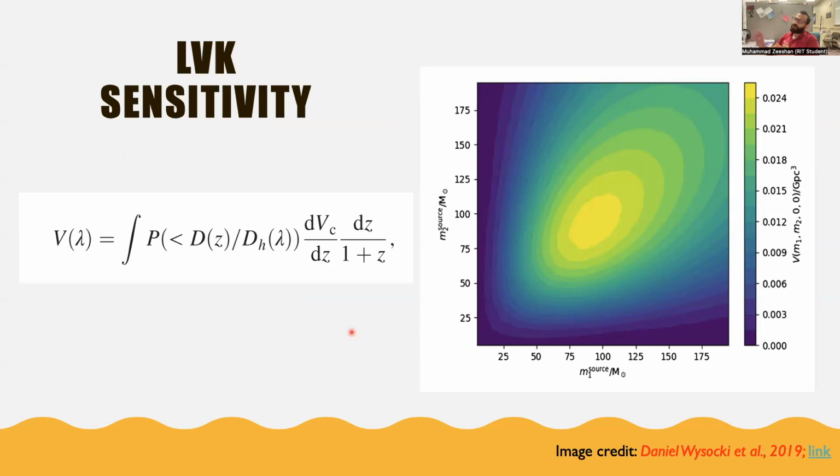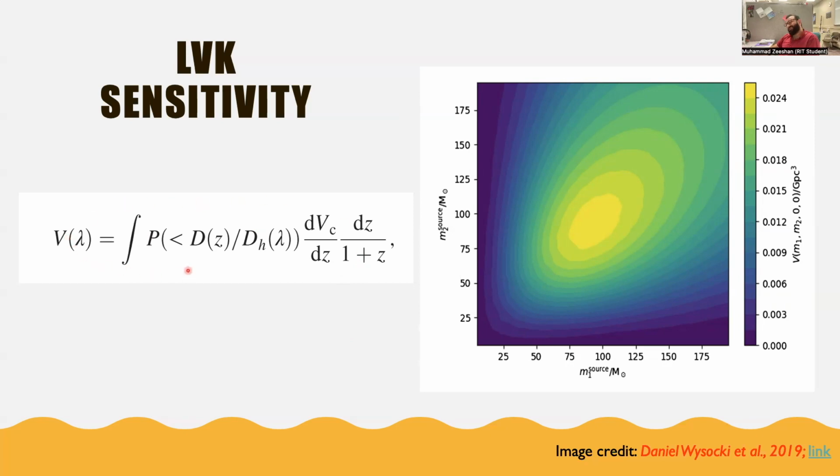So we have all of those three things, and last of that, LVK sensitivity. We do have the model, we have the data, but our LIGO, Virgo, and KAGRA detectors have a sensitivity for a particular mass range and a particular volume of the sky, and they run for a certain time. We have to account for all of this to get an accurate inference. So we use this integral to account for the sensitivity of the instrument, and we do the weighting using this integral.